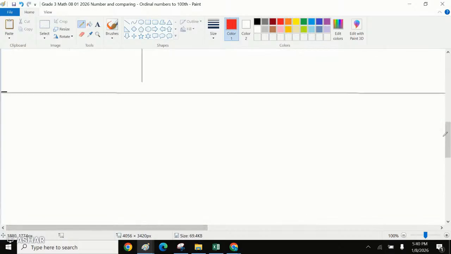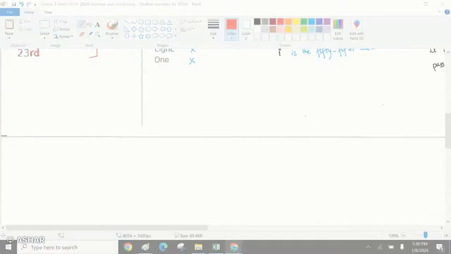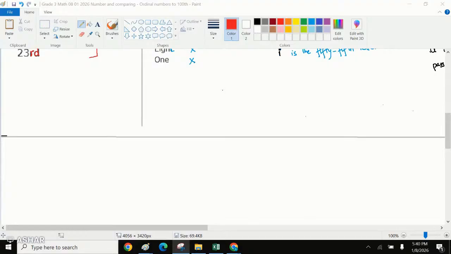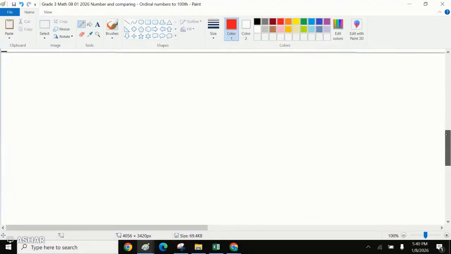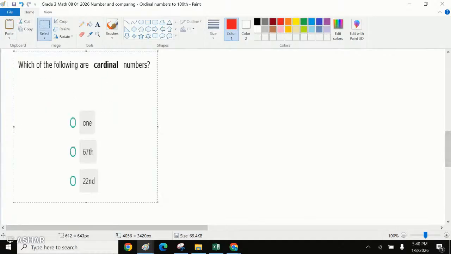Question number 2. I'll just copy the same question so that we have it on our screens. The next question says, which of the following numbers are cardinal numbers? Okay. So in question number 2, it says, which of the following are cardinal numbers?